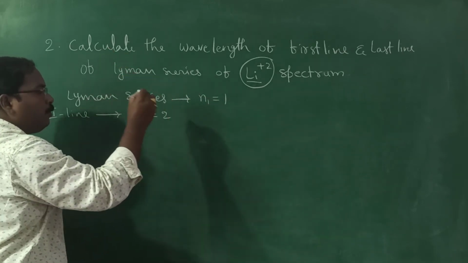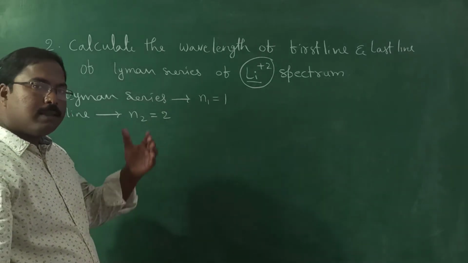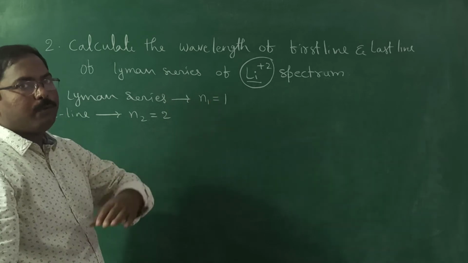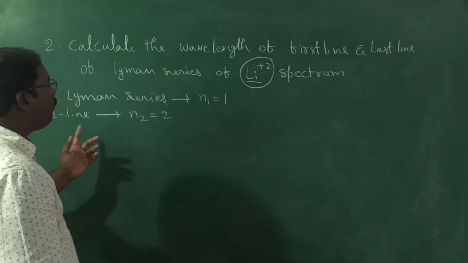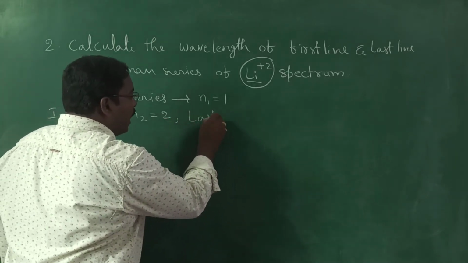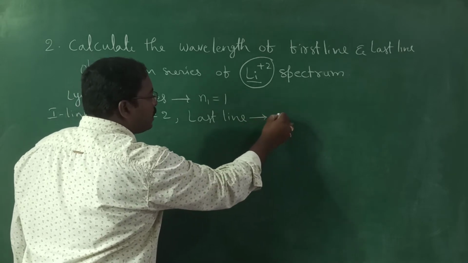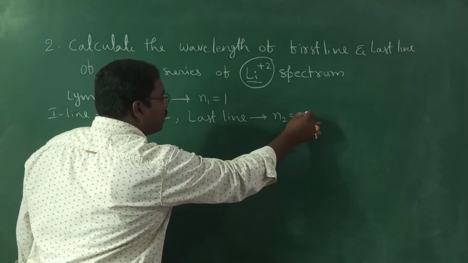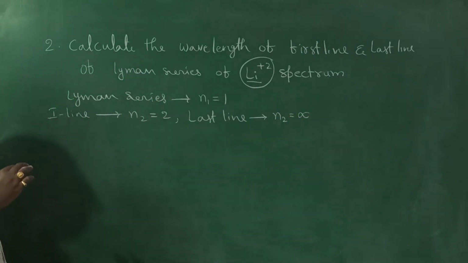If they give the second line, it means 3 to 1, 4 to 1, 5 to 1. So the last line means infinity to 1. When we go to the last line of any spectral series, the N2 value is always infinity. So this is the information we know.